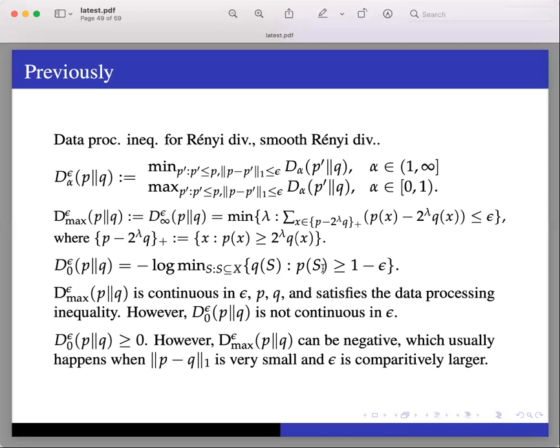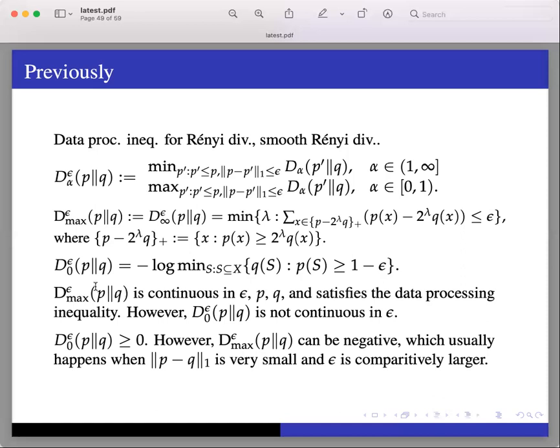So the probability of S under P is larger than 1 minus epsilon. And now I just want to know the probability of S under Q, that is this quantity, and then I take the negative log. I minimize over all such subsets. So this just follows from the definition.